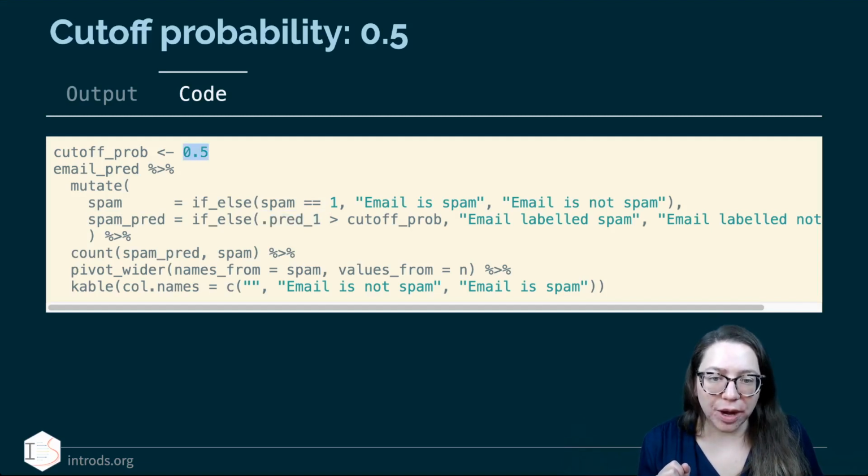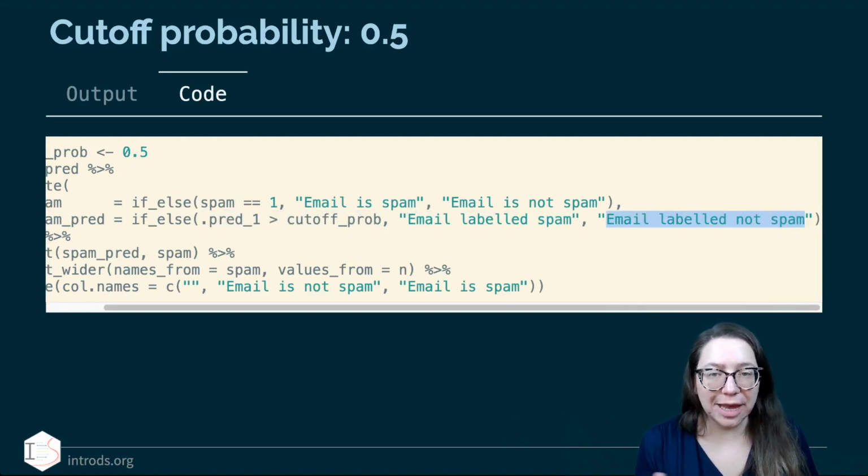So if it's greater than the cutoff value, then I'm going to say email is labeled spam, and otherwise email is not labeled spam. And then to keep the words the same as an earlier video, we've seen one of these tables, renaming the spam variable as email is spam and email is not spam.